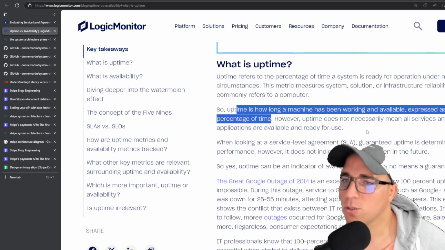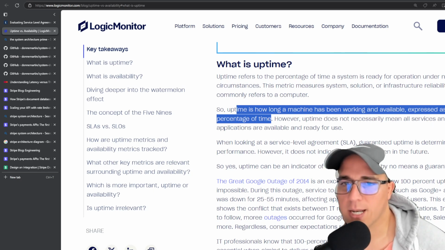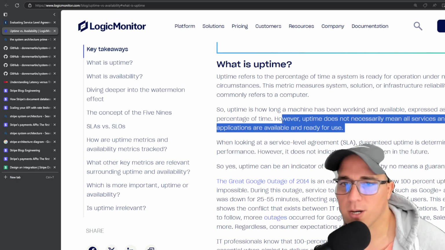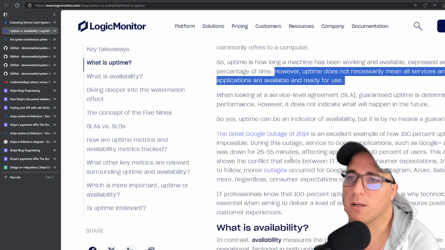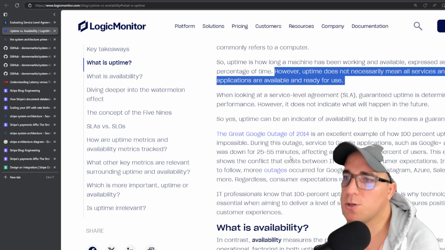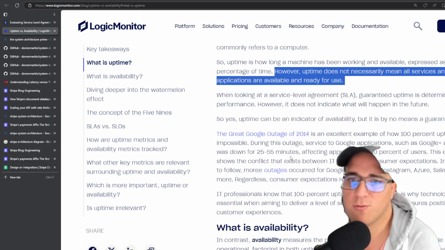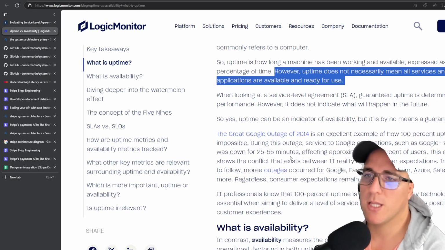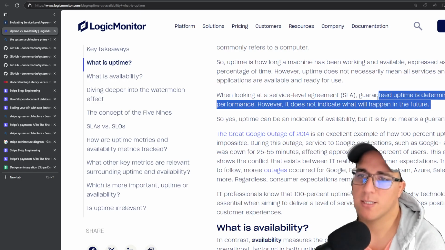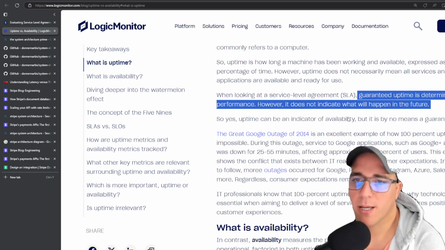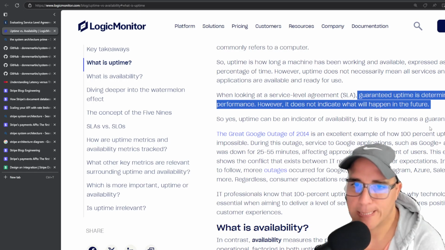However, uptime does not necessarily mean all services and applications are available and ready to use. When looking at service level agreements, guaranteed uptime is determined by past performance. However, it does not indicate what will happen in the future. And I think we already highlighted this specific item. So yes, uptime can be an indicator of availability, but it's by no means a guarantee.